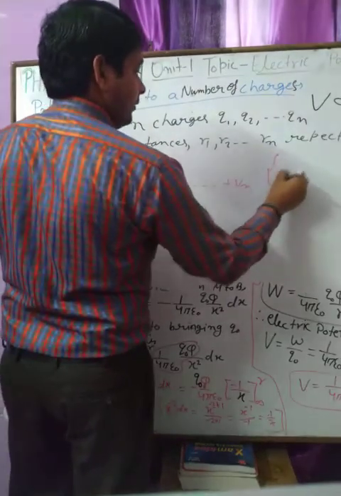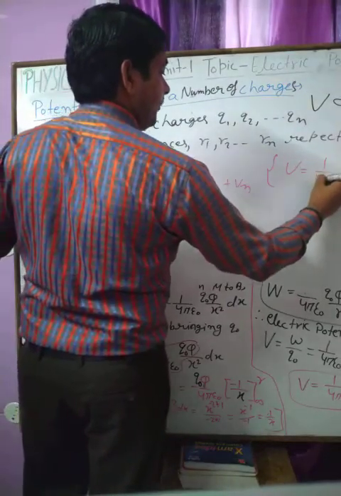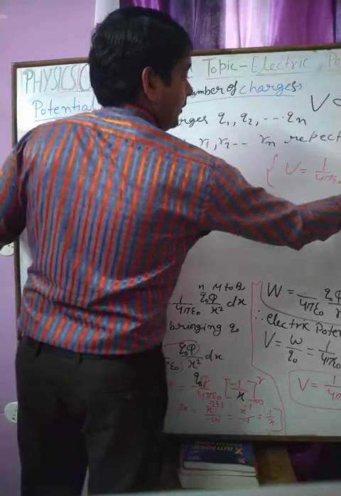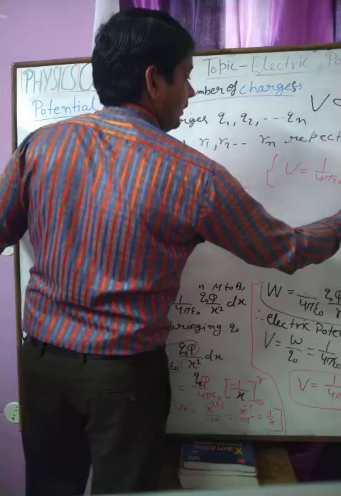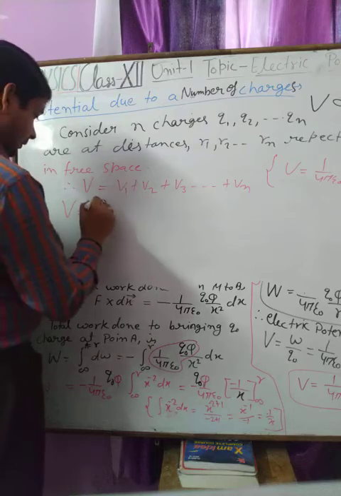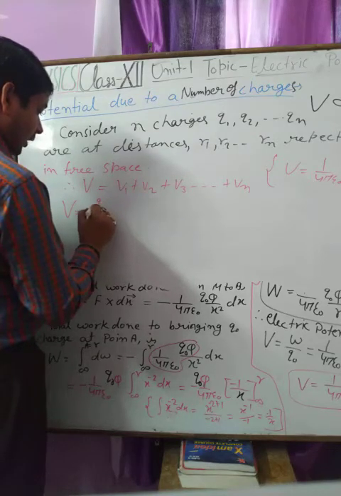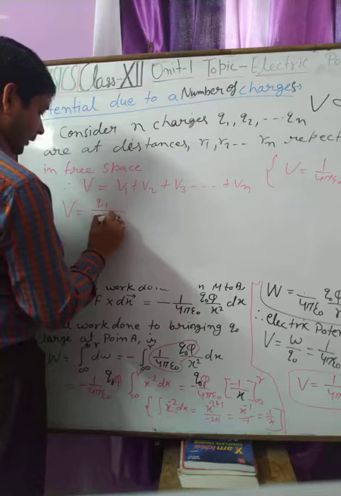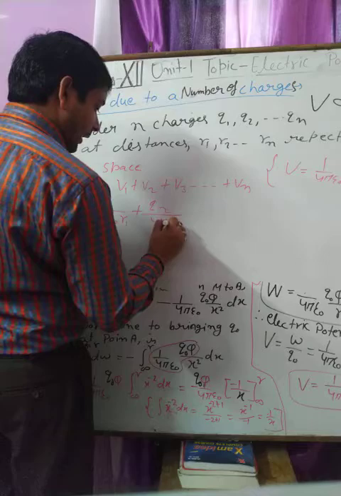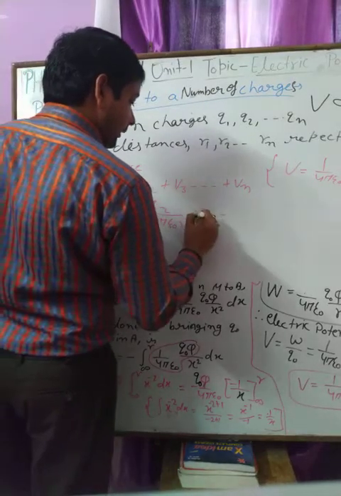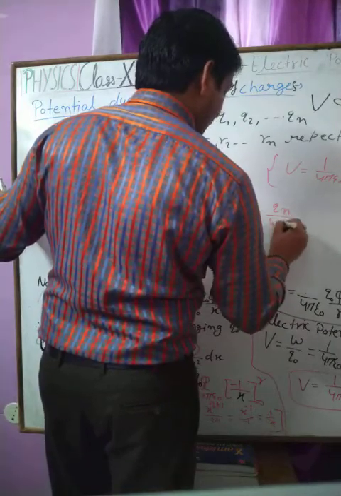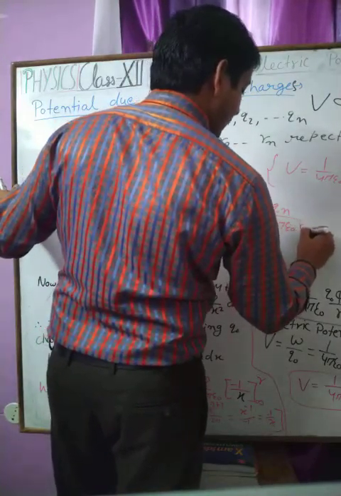We have the potential at a point as 1 upon 4 pi epsilon naught Q upon R. Therefore, the potentials are Q1 upon 4 pi epsilon naught R1, Q2 upon 4 pi epsilon naught R2, and similarly Qn upon 4 pi epsilon naught Rn.